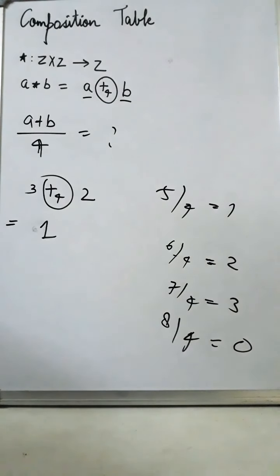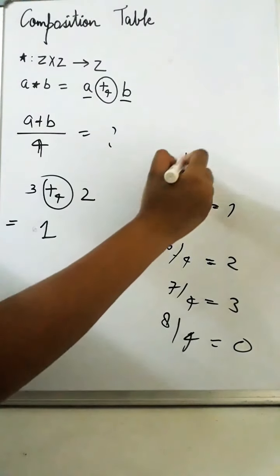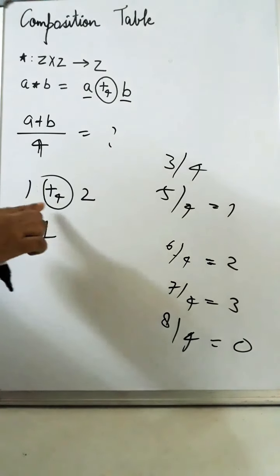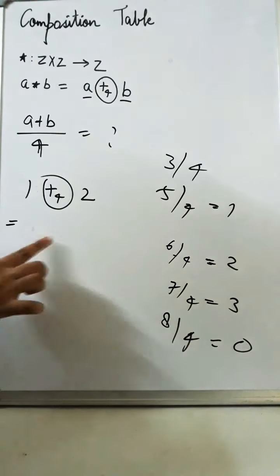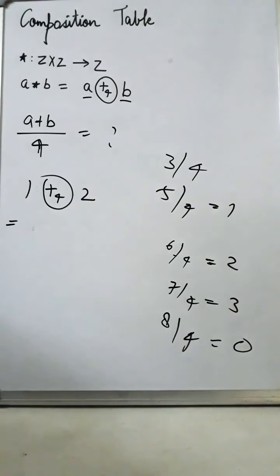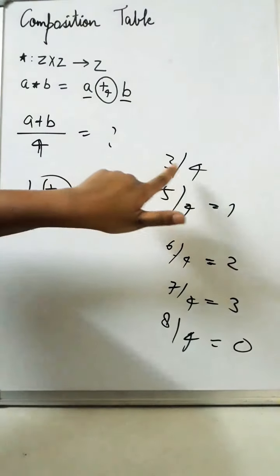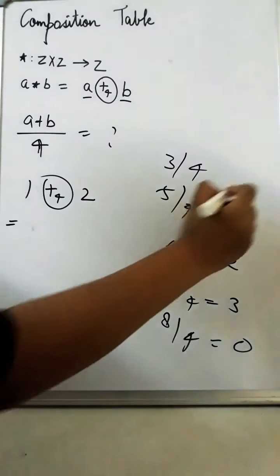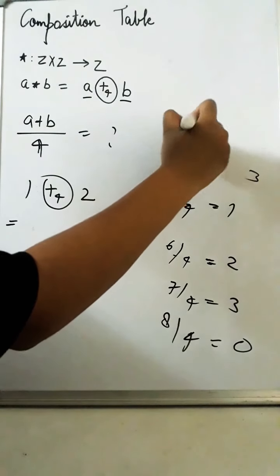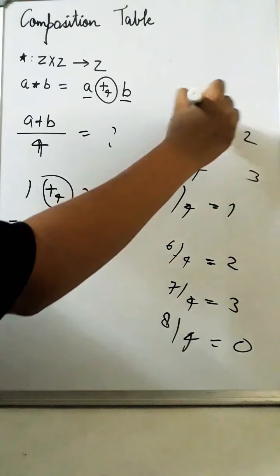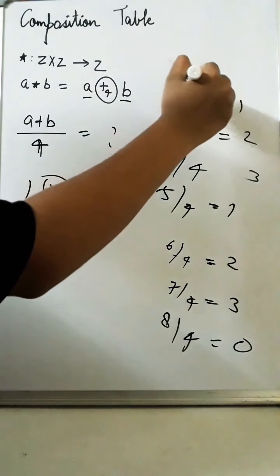Now the question comes, what if it is 3 divided by 4? Suppose it was 1 addition modulo 4 with 2. Now your summation is 3. Now 3 divided by 4. In the modulo case, whenever your number is less than 4, your remainder is the number itself: for 3 you get 3, for 2 modulo 4 you get 2, for 1 modulo 4 you get 1, and for 0 modulo 4 you get 0.